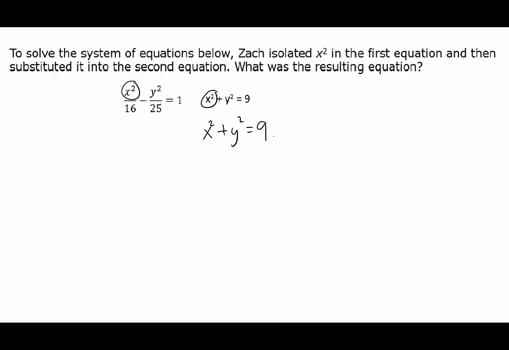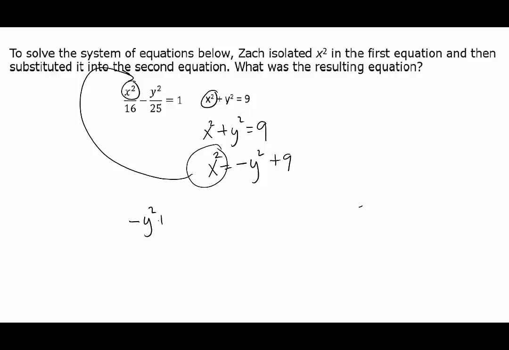Solving for x squared is equal to negative y squared plus 9. We subtracted y squared from both sides. Now, I am not going to take the square root because we're going to plug the value of x squared directly into the second equation.